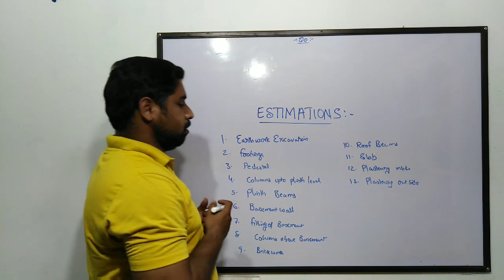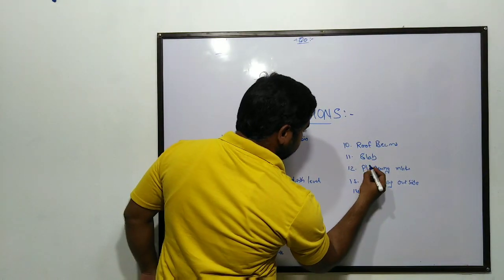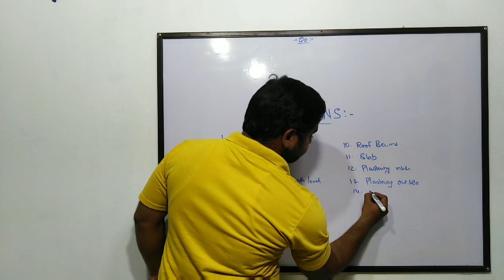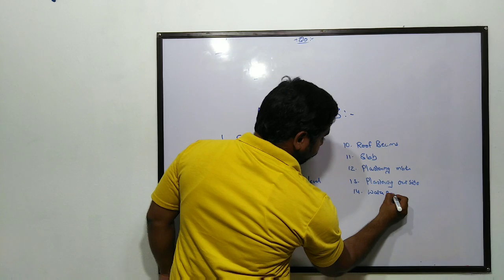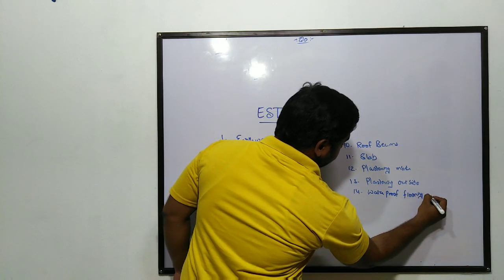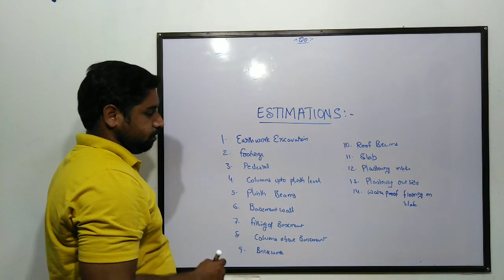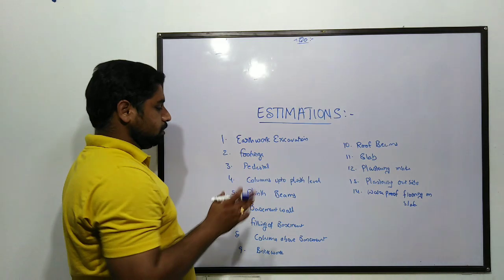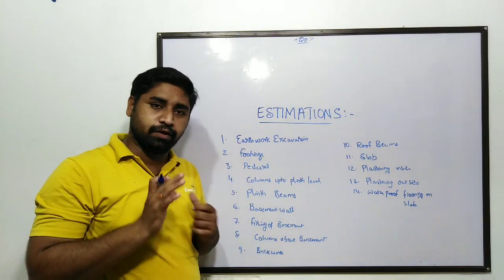So out and out, these are the main quantities, and slab and waterproof flooring on slab, that is 14th one. So these are the main items of work which are involved in a construction of building.